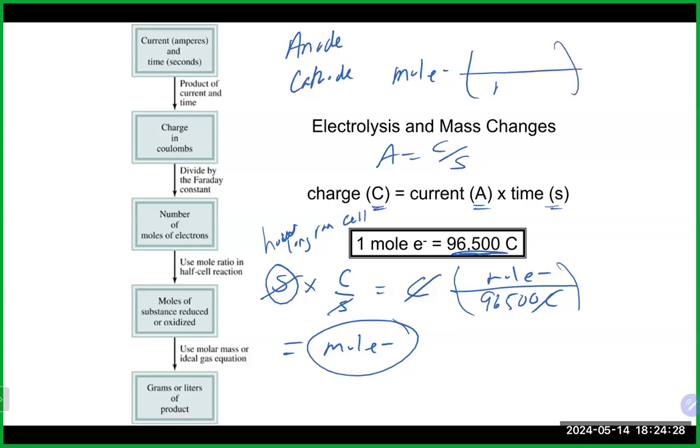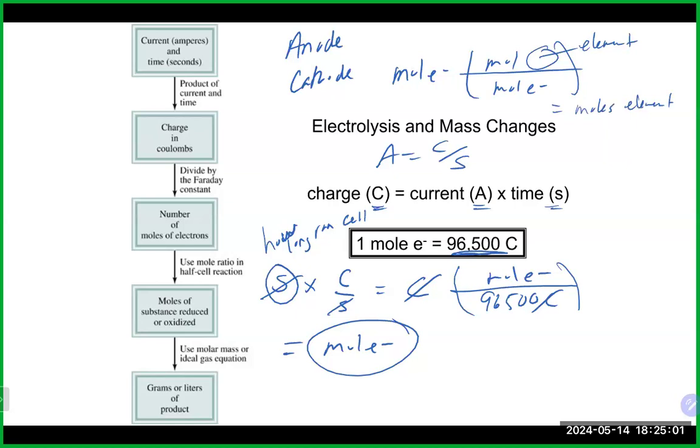You would take the moles of electrons in the half reaction to the moles of whatever element you're looking for, for example hydrogen, or maybe sodium. What that's going to do is give you the moles of your element that you broke the thing back down into.